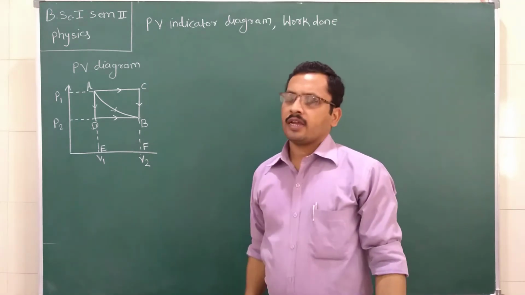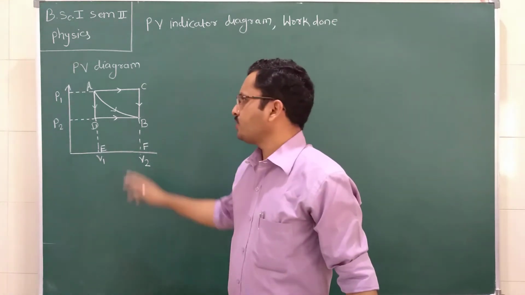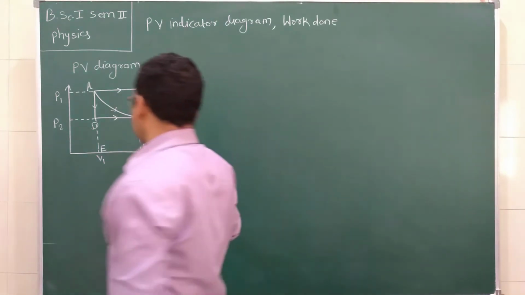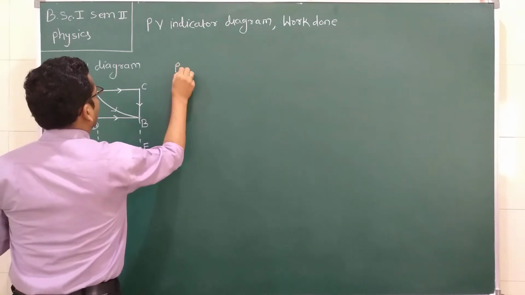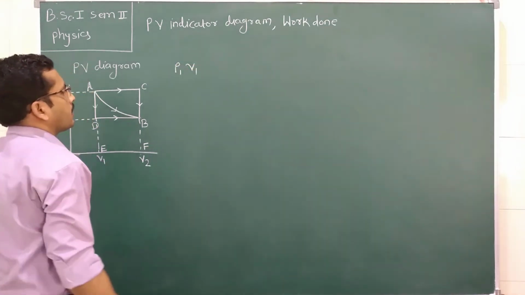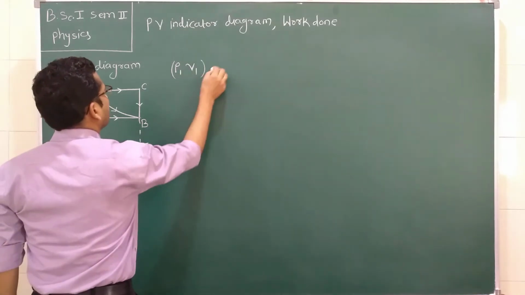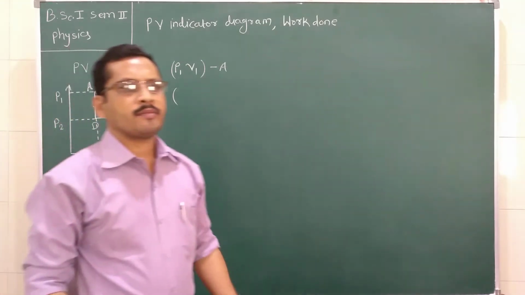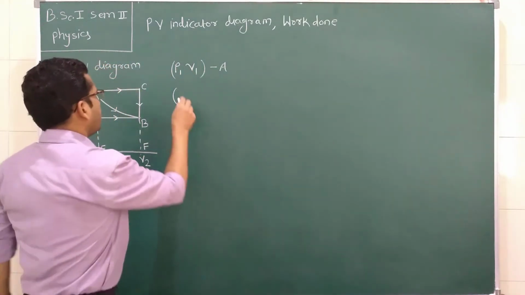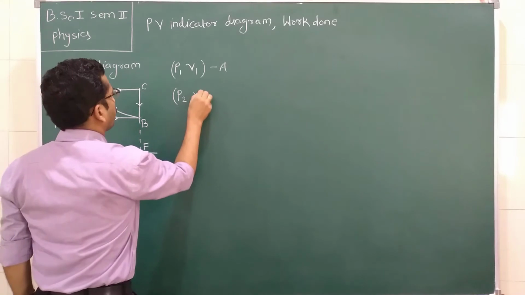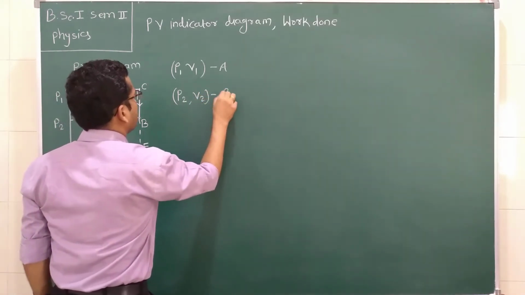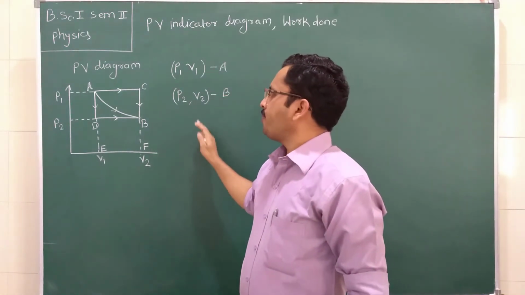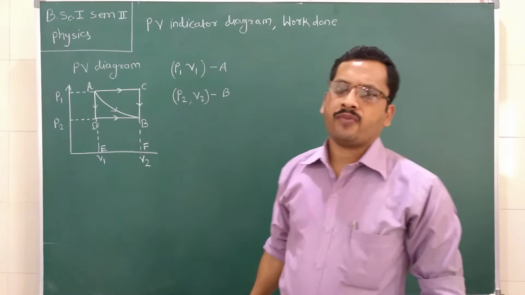Now in this diagram we see a system which is in an initial state, P1 V1, denoted by letter A, and it goes to the final state, that is P2 V2, denoted by letter B. Now we see that we can go from A to B in three different ways.